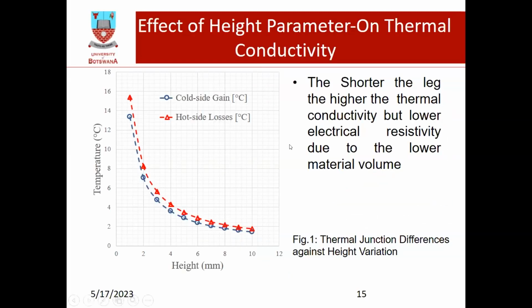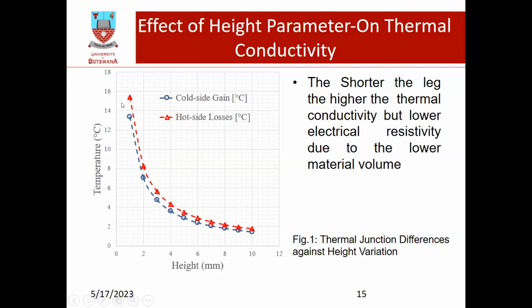Now we have the effects of the variation of height on the thermal losses. We can see that at a shorter height, there are high temperature differences at the junction. What we did was take the external temperature and the simulated junction temperatures, and we found the difference between them.